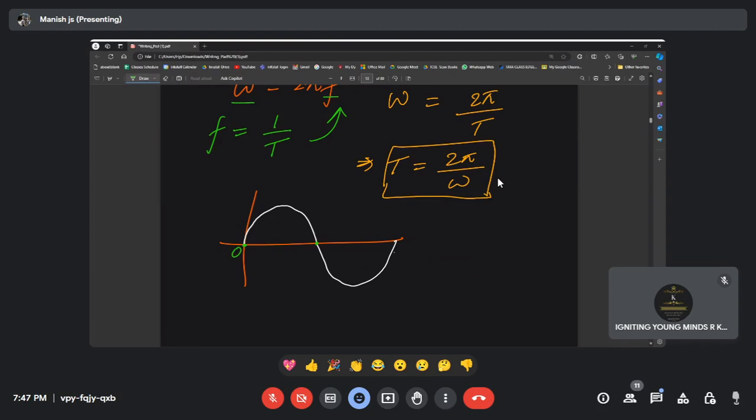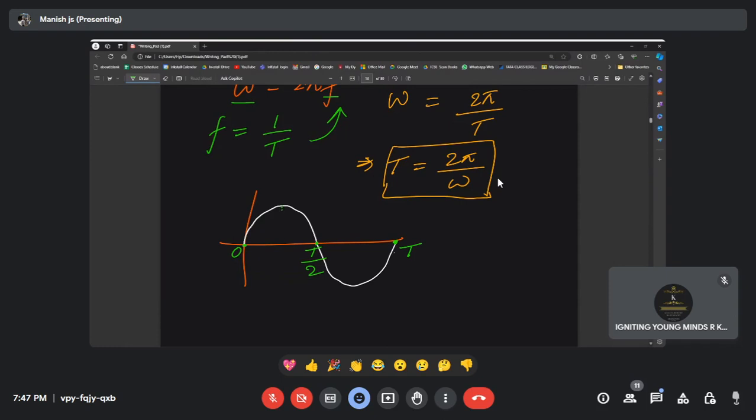Because only one half of the wave is complete, the time period is written as T upon 2. And at this end the wave is complete, so the time period is T. The time taken to complete one full waveform, that is the positive half cycle and negative half cycle together, that duration is your time period.